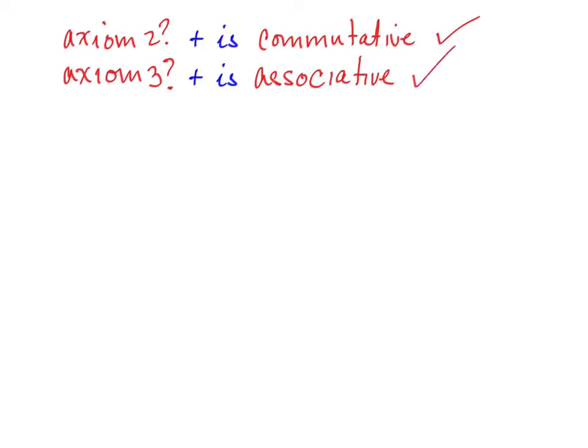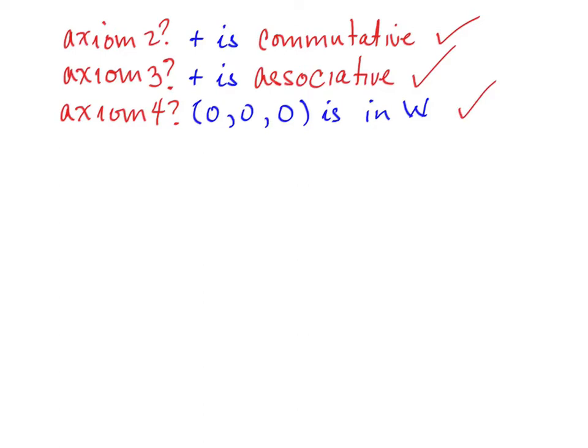We just got that for free because we're using the same operation, and we're using ordered triples from R3. Axiom 4, we have to make sure we have an identity element. The additive identity element is the additive identity element from V. It happens to have 0 in the third component, so it's also in W. So we get that for free, which is good.